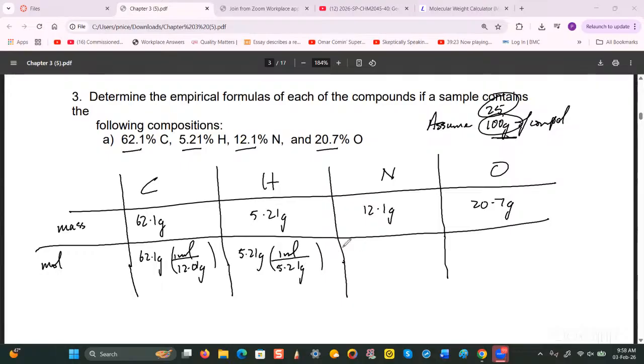And then in the case of nitrogen, 12.1 grams, we multiply that by 1 mole over 14.01 grams. And in the case of oxygen, 20.7 grams, multiplied by 1 mole over the molar mass of oxygen, which is 16.00 grams, all right? So we have to work out each of these.